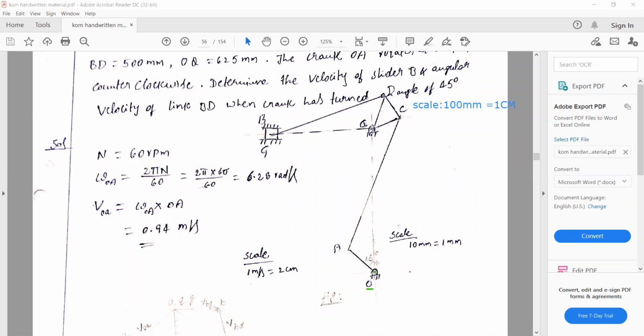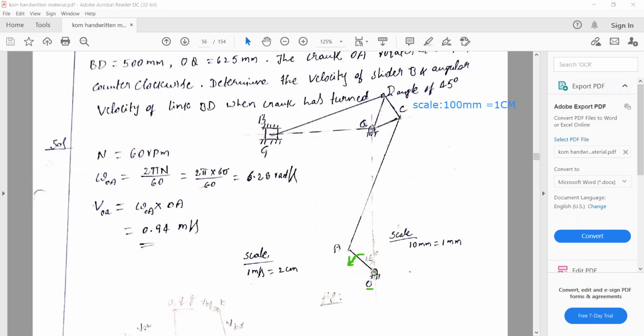Crank angle is 45 degrees, with inclination in the counterclockwise direction.